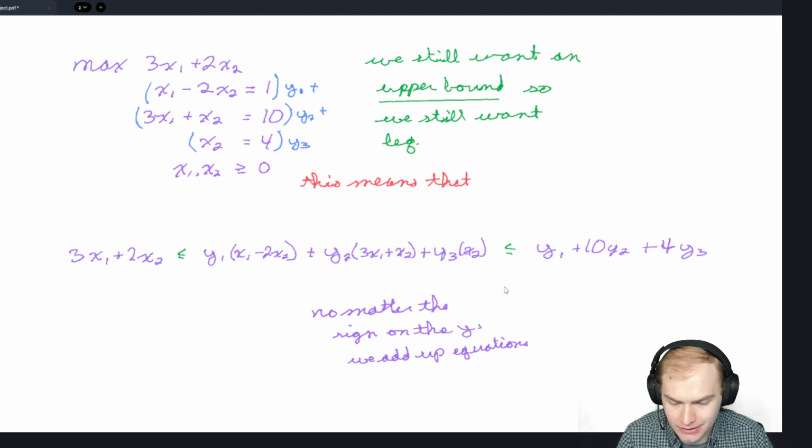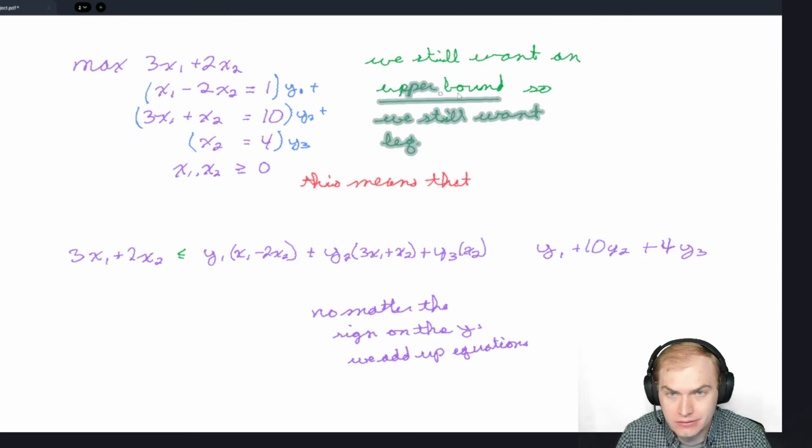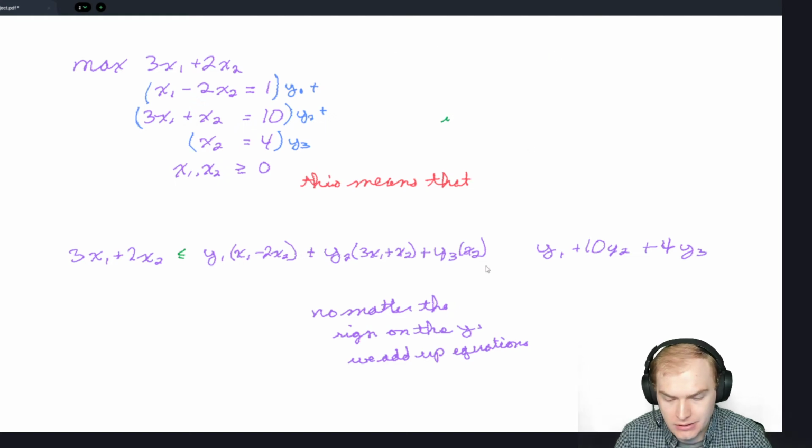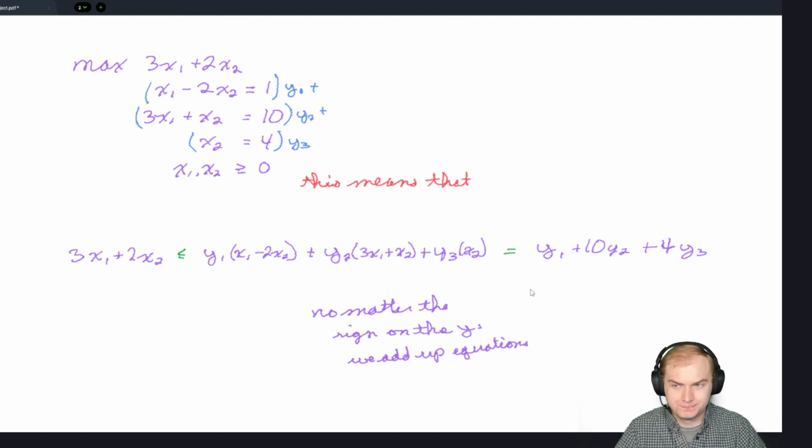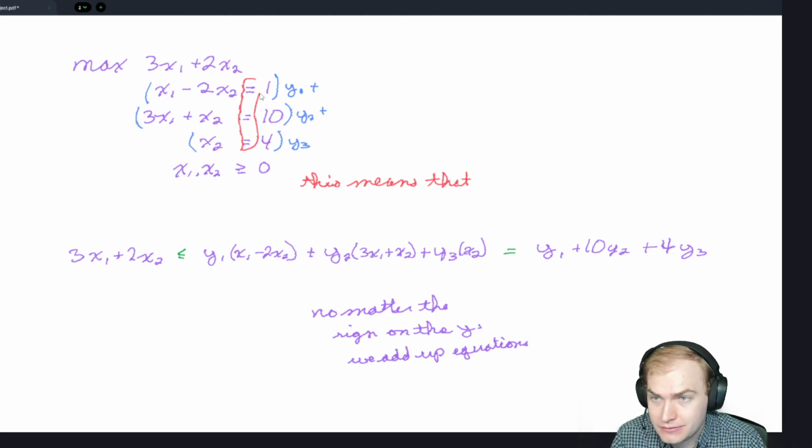We're not going to change anything. We're not going to bungle anything up. So we get an equal sign here, no matter what yi is. And that means that y is free or unrestricted.